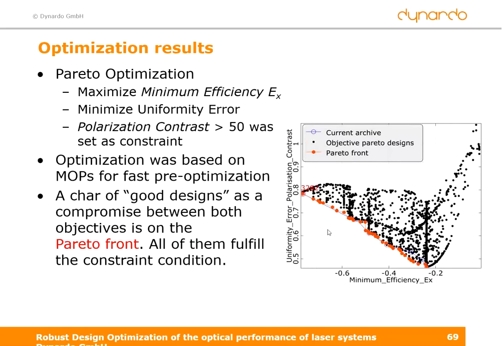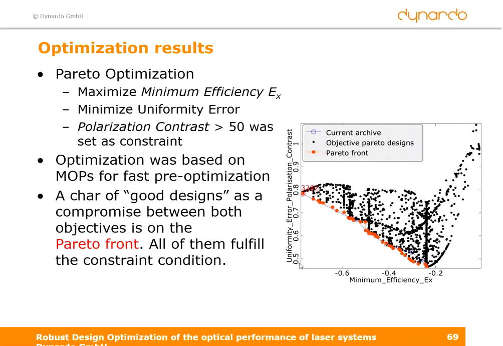You get a front because we have no possibility to get to this area of interest, because the objectives are in conflict. That is very typical for Pareto optimization.